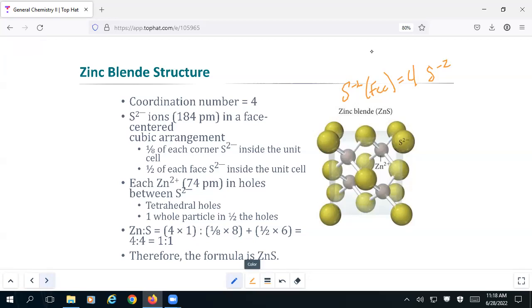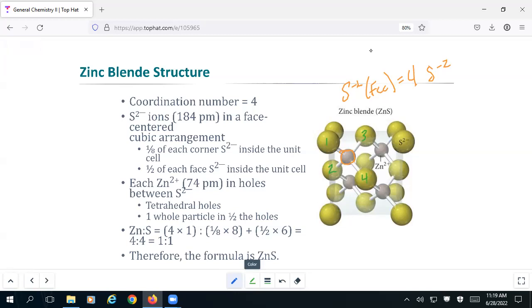But because of the sizes of those sulfides, we're going to see that the octahedral holes are not nearly as available because of that size. So what we're really looking at here is they're going to occupy the tetrahedral holes. So in those tetrahedral holes, you'll see that this zinc is attached to 1, 2, 3, 4 sulfurs.